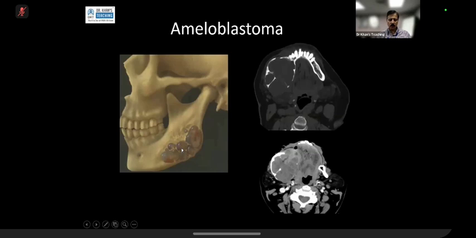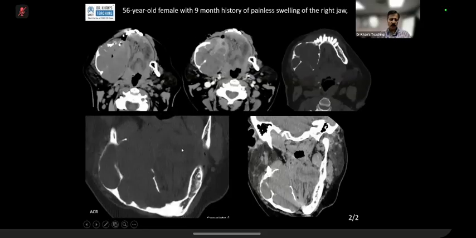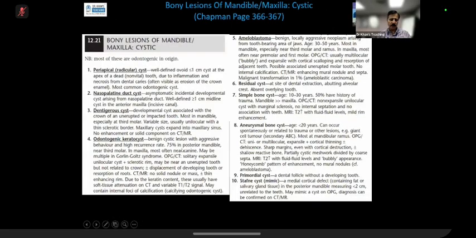So this is ameloblastoma. But of course, in the real world, you will have to give a bit of a differential diagnosis. Other than ameloblastoma, what can it be? Odontogenic keratocyst. Yeah, and odontogenic keratocyst. So no solid nodule or mass.